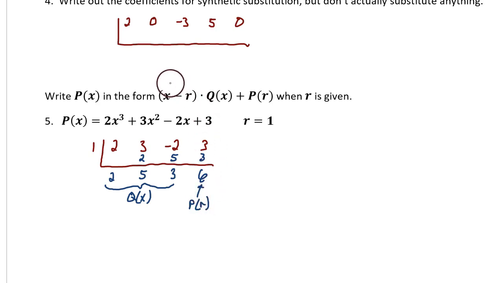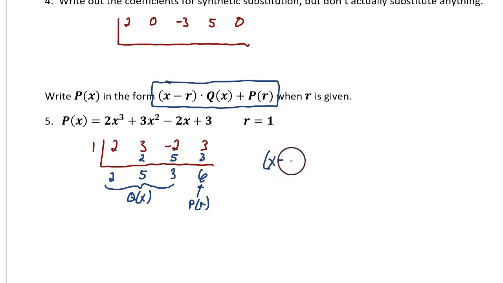So now what you do is you follow this format to rewrite the problem. It's x minus the value of r, which was 1. Now times polynomial q of x. So q of x is referring to a polynomial. And it is the depressed polynomial that we created right here.